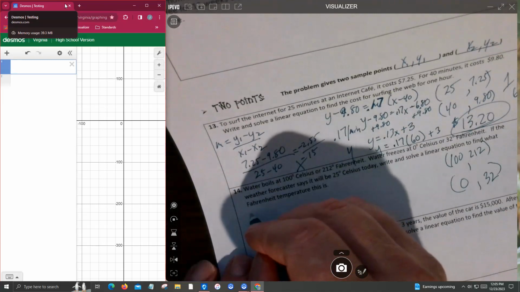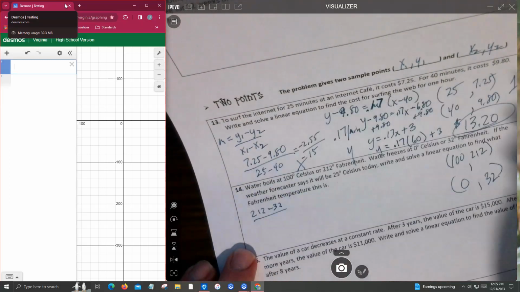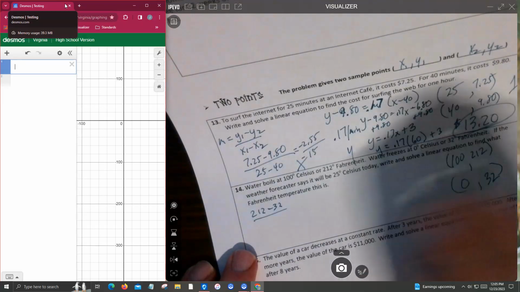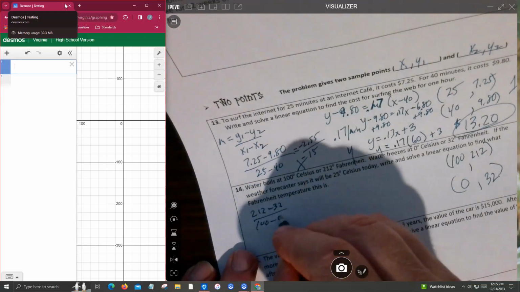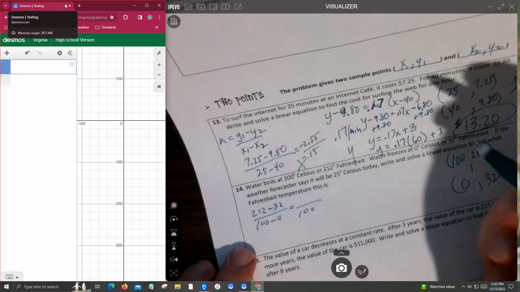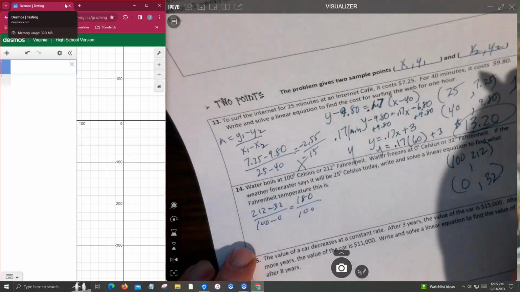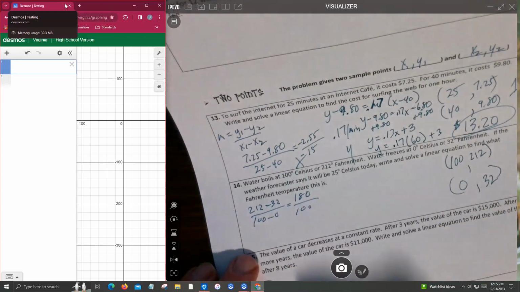So again, 212 minus 32 over 100 minus 0. Well, that's easy. That's 100, and 212 minus 32 is 180. Yes, 180.